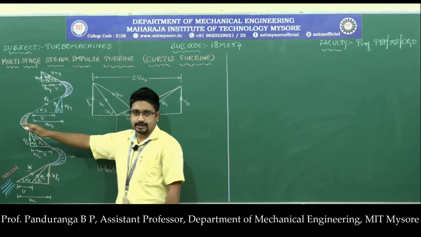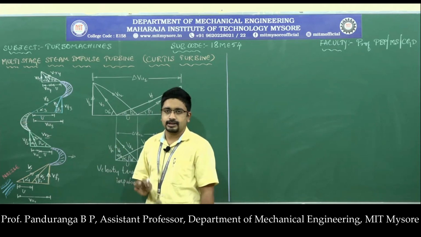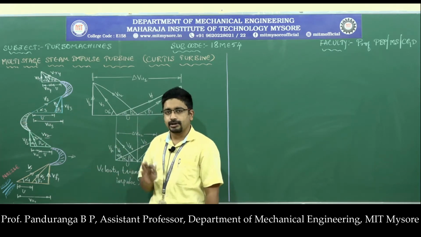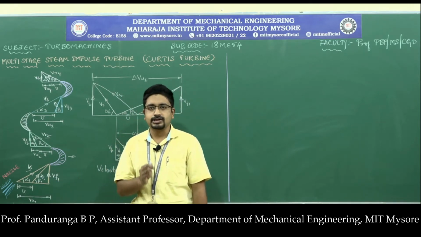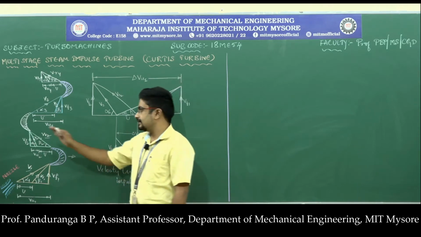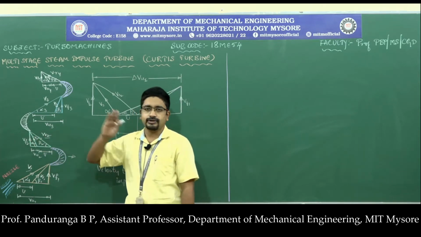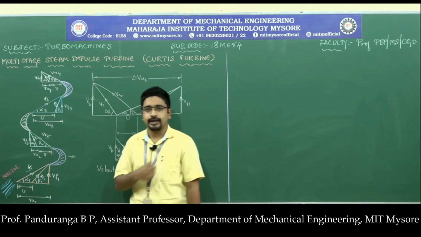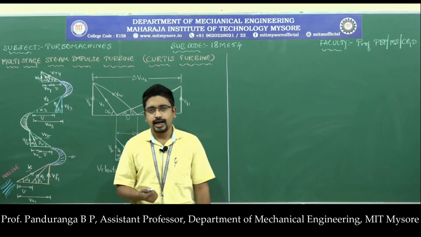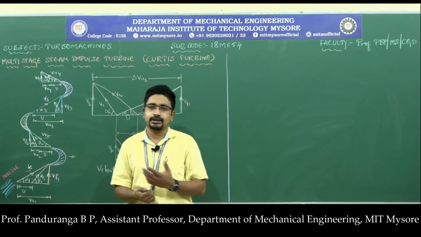Since the blade is fixed, it's not moving with respect to the steam. Because of that, there will be no relative velocity, and all the velocity which we have to consider is the absolute velocity of the steam itself. But when it comes to moving blade, the blade is moving with certain velocity and the steam is moving with some other velocity.